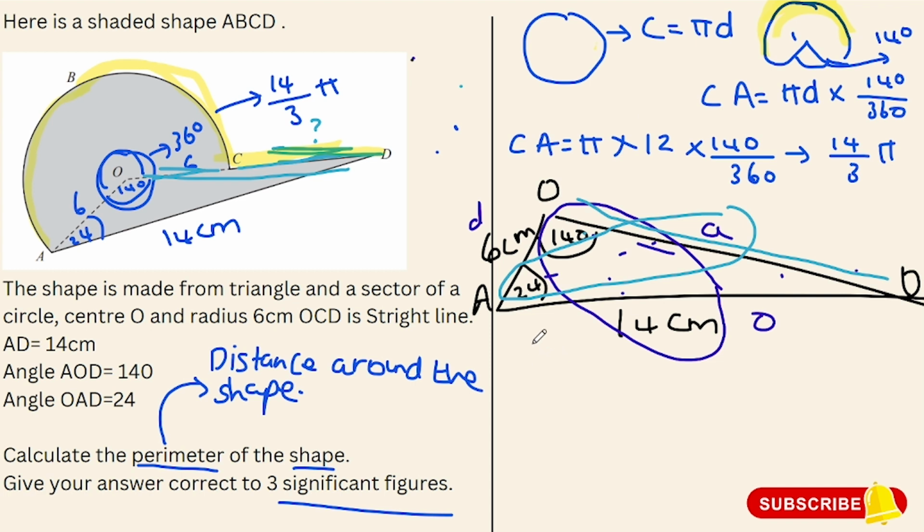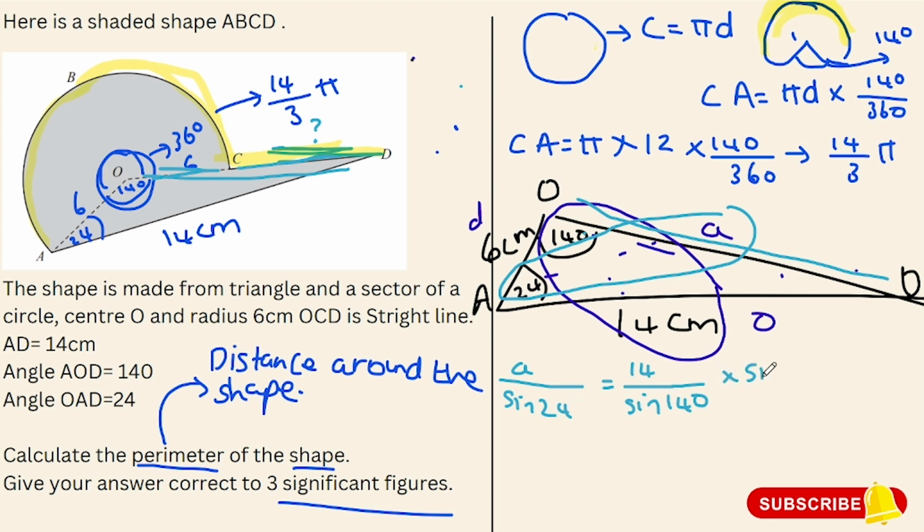So to do that, I'm going to use the sine rule. I'm going to write down a over sine 24 equals 14 over sine 140. Then I'm going to times both sides by sine 24.